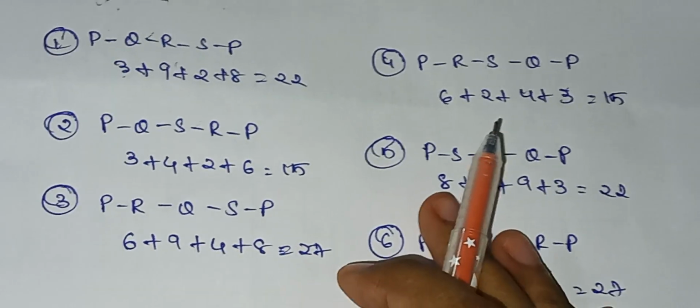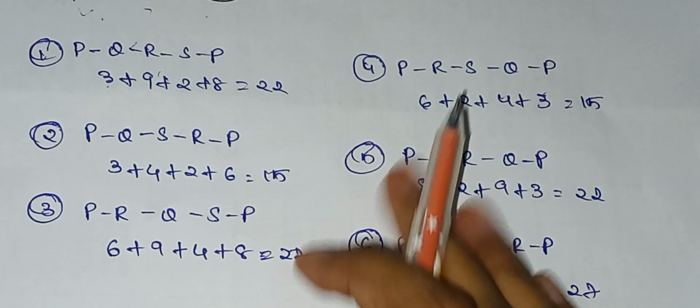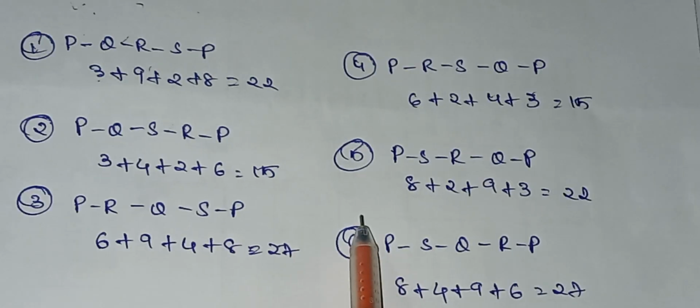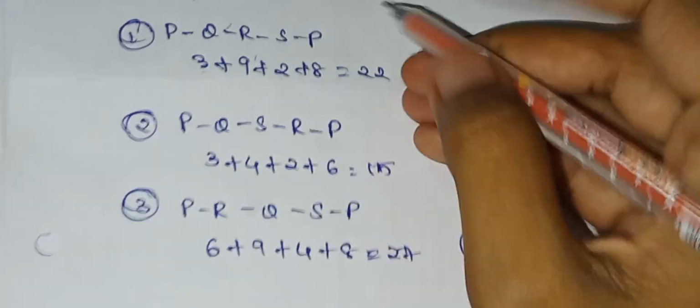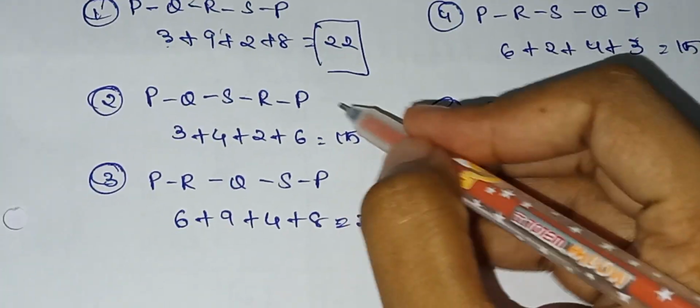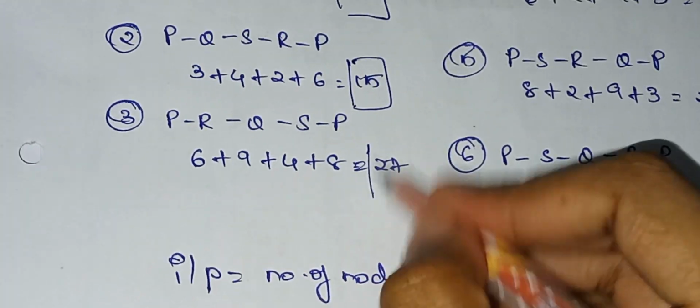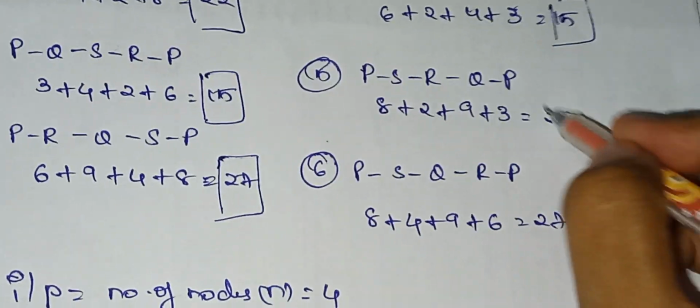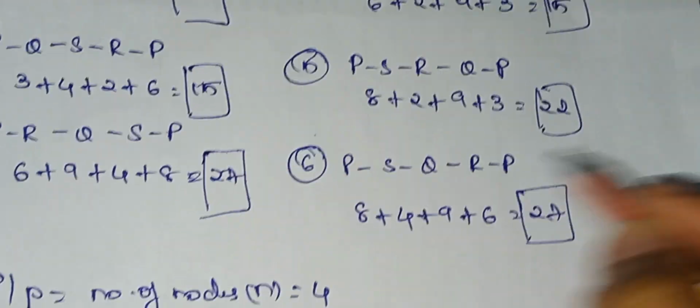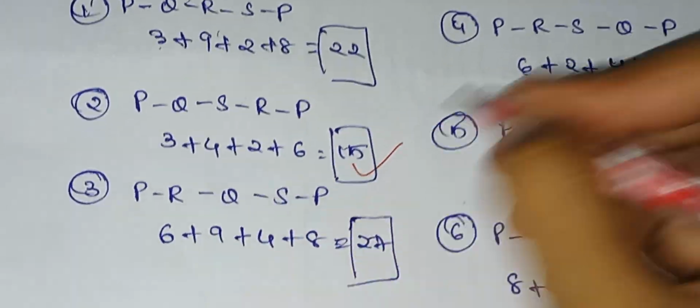Now the main motto of the algorithm is to identify the shortest tour amongst all the permutations or tours generated. So the first one is 22, next 15, next 27, next again 15, next again 22, next again 27. Out of these, I got two shortest paths, which are 15.